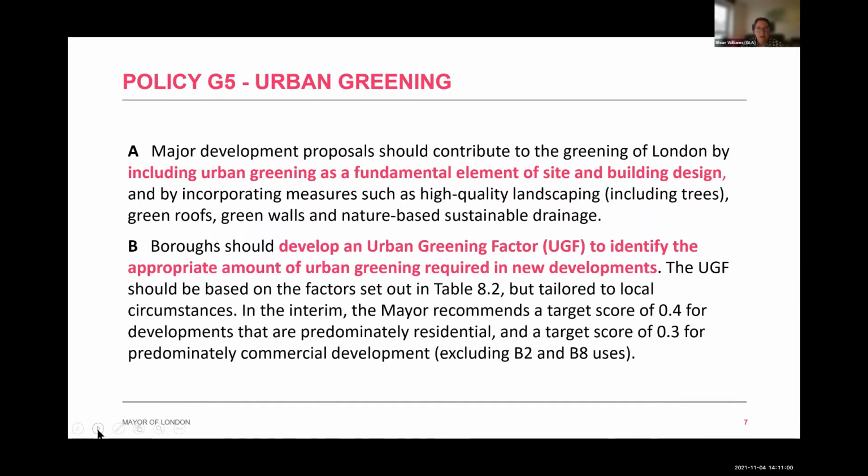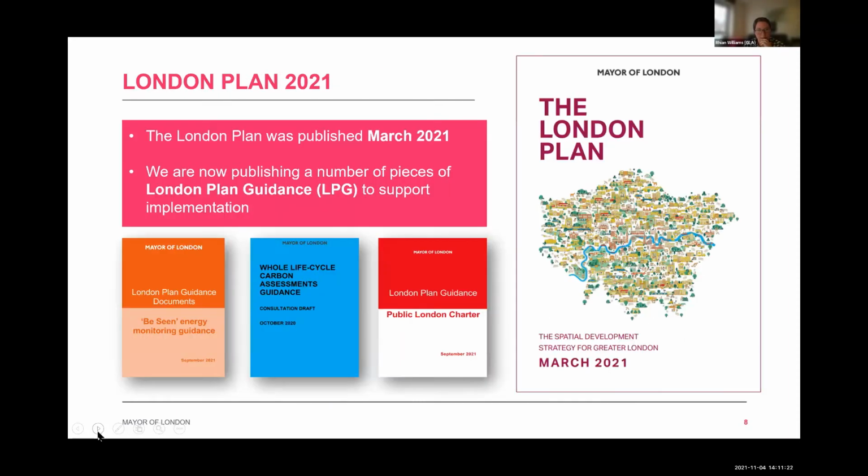So the UGF isn't the policy itself, but it's a tool and a mechanism that we use to achieve that aim of integrating greening into design. So that just gives you a very, very brief overview of our broad objectives and the context for how this policy is developed, and you'll be hearing more about the detail of that shortly from both the Sams.